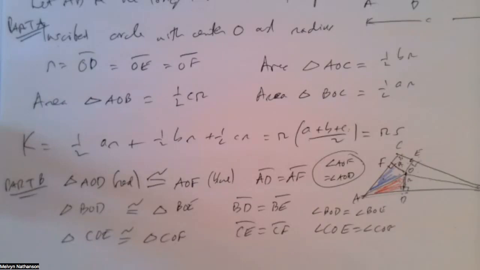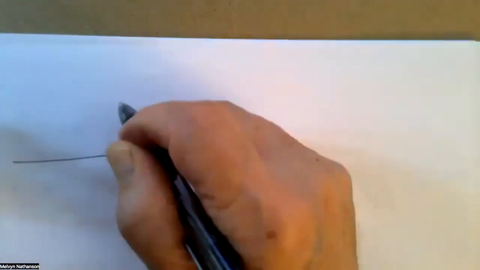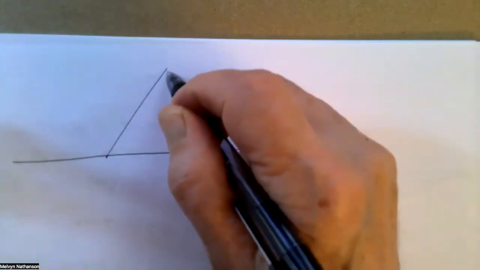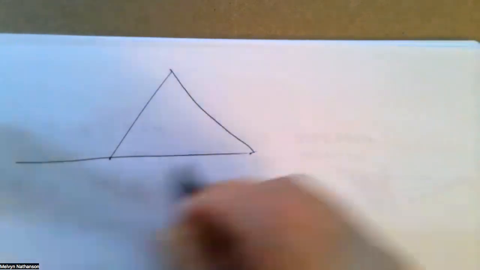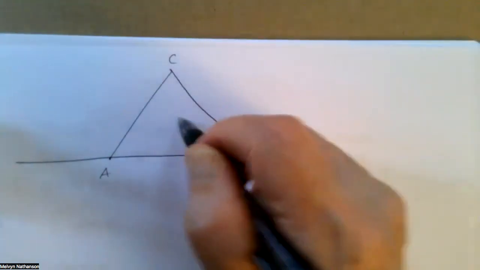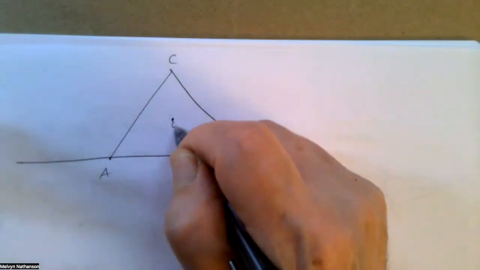Now comes a more complicated picture. So let me again draw the picture that we have. This is A, B, C. This is the in-center.